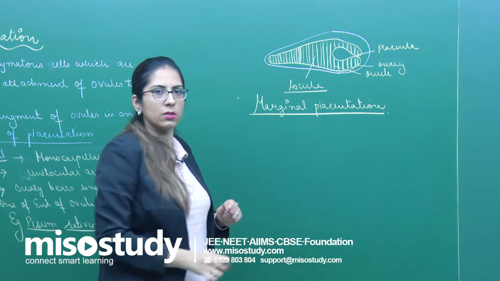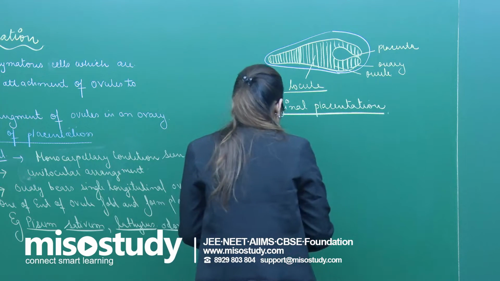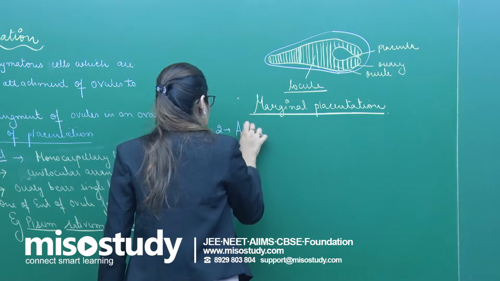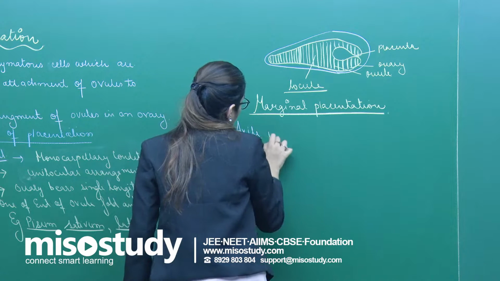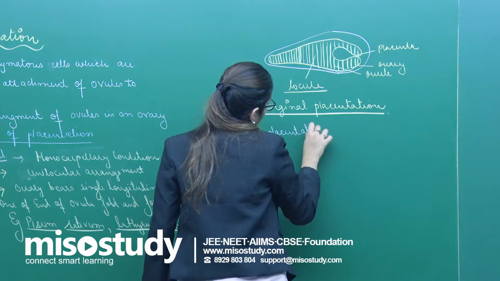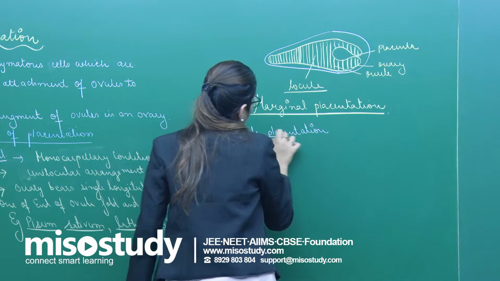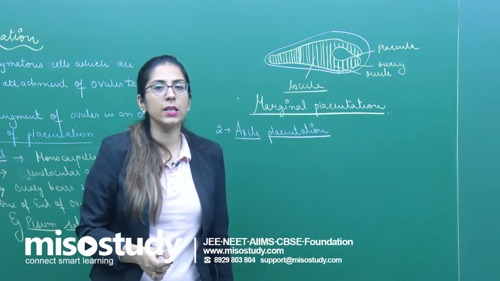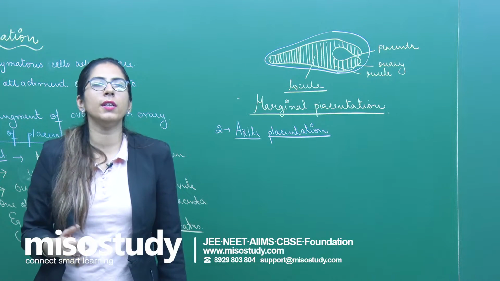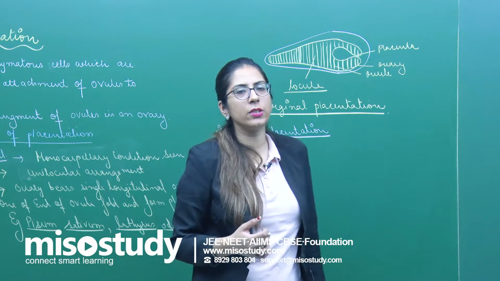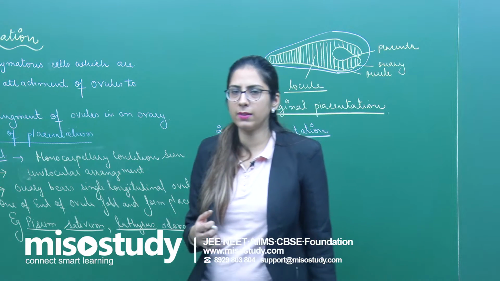Marginal placentation, right? Let's discuss the second which I have written earlier, that is axile placentation. What is axile placentation? In this case, the multilocular type of arrangement is there. The multicarpellary condition is seen and the syncarpous ovary is there.